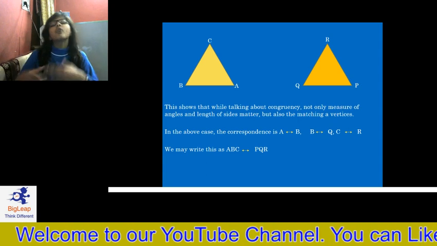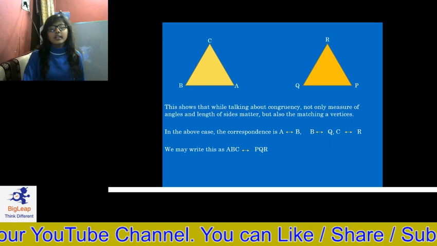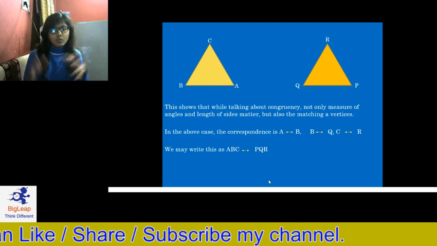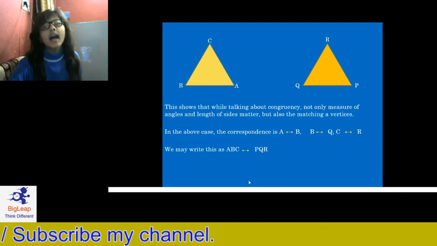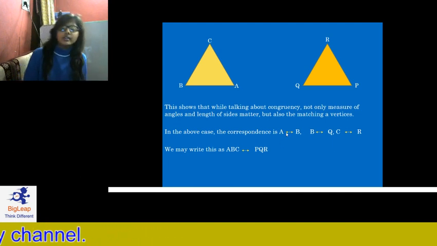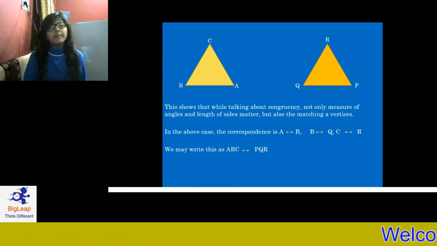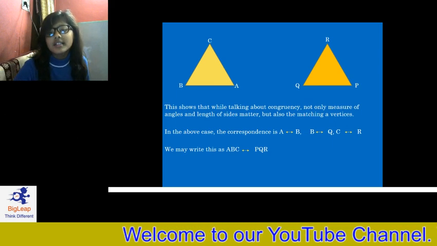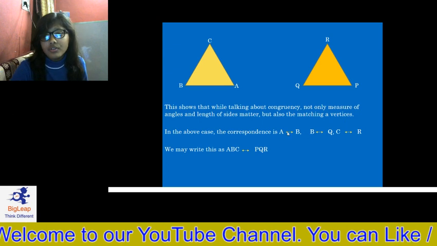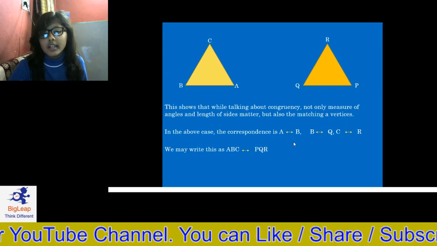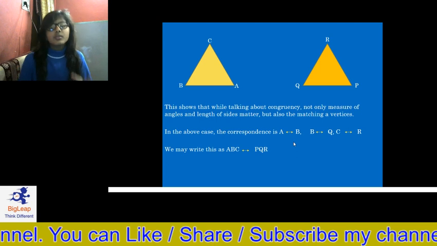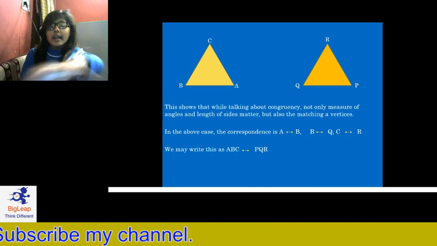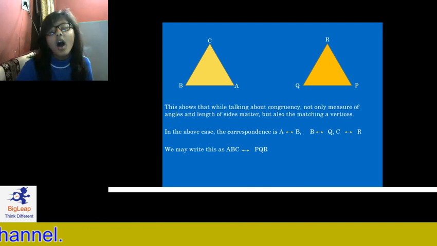So in the above case, A corresponds to P, B corresponds to Q, and C corresponds to R. The arrow sign is for correspondence. So we can write the correspondence rule as ABC corresponds to PQR.